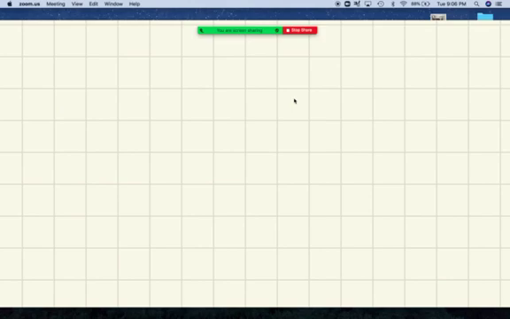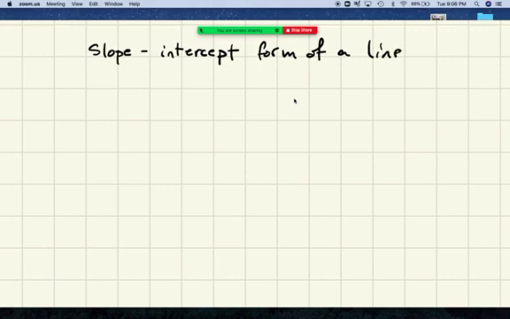All right, so slope, intercept, form of a line. We kind of did something like this already before, but slope intercept form of a line is y equals mx plus b, where the m and the x are multiplied together.